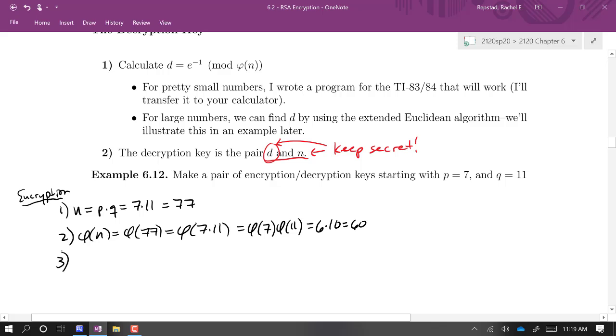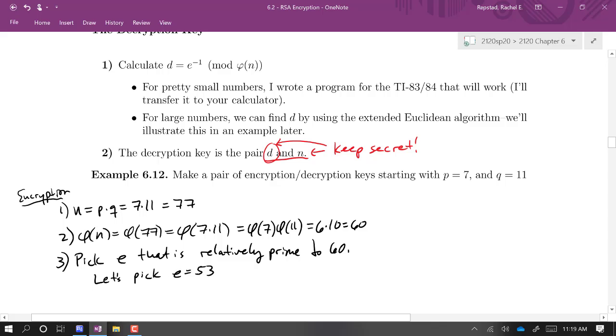And then the next thing we do is we pick a number e that is relatively prime to 60. So I'm going to pick 53. Now I happen to pick an actual prime for e, and it's a prime that's less than 60, so I know it's going to be relatively prime, but e does not itself have to be prime.